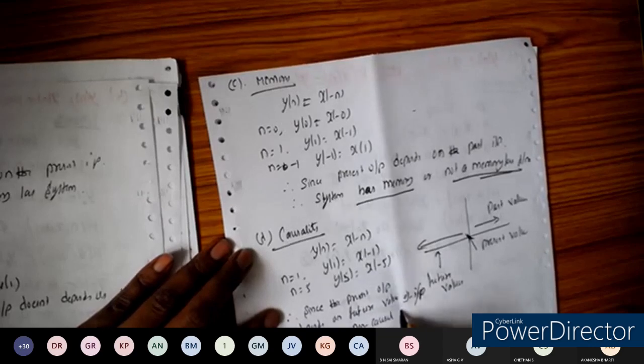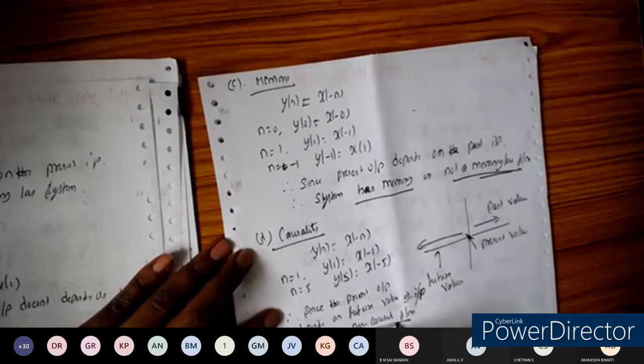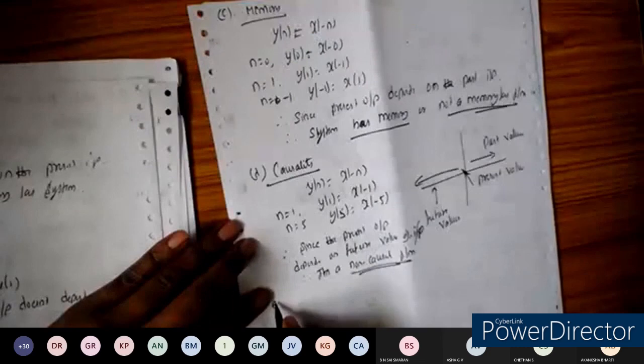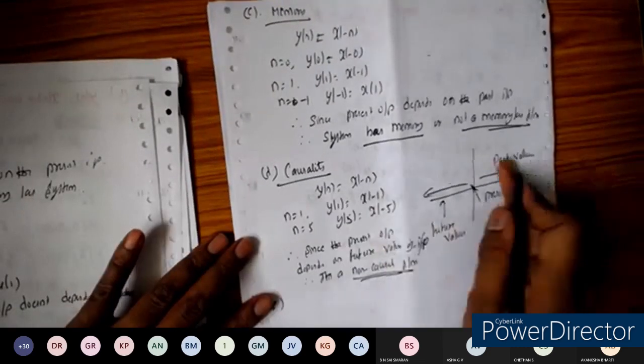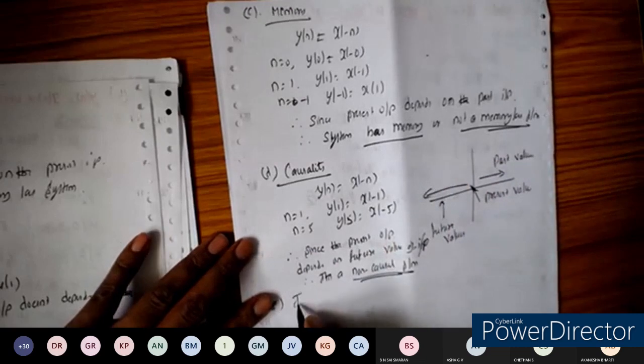So you can substitute the values of n and declare this based on this concept.